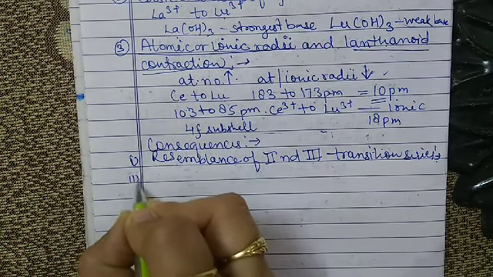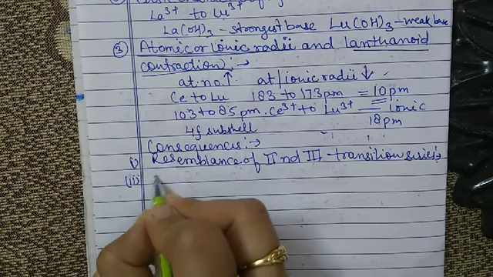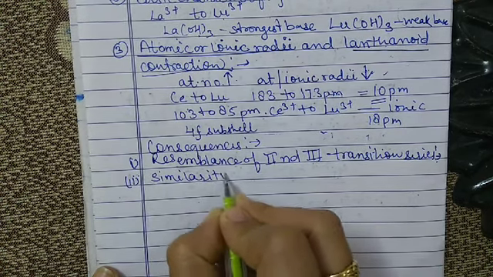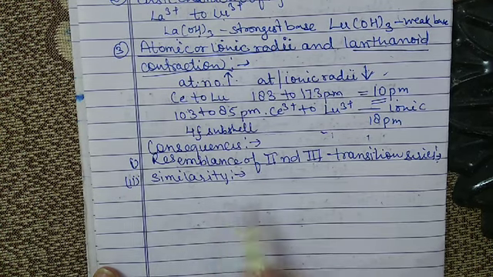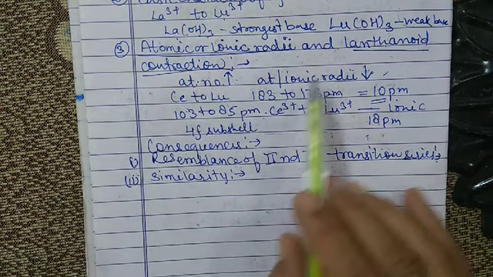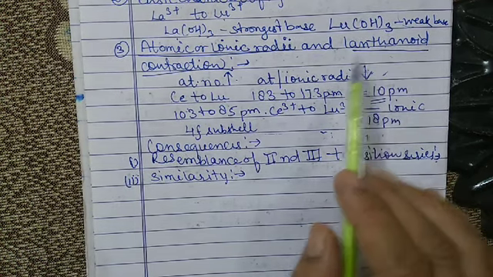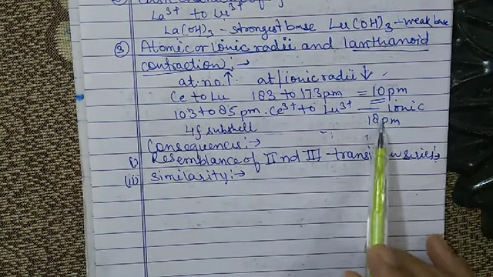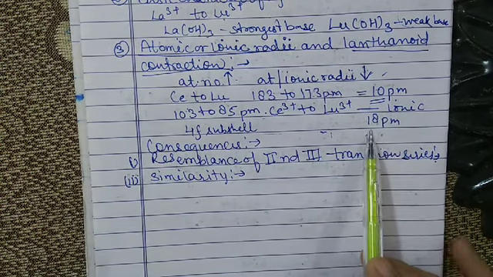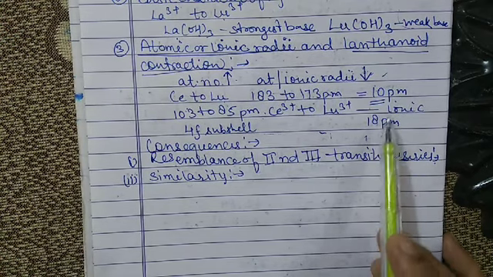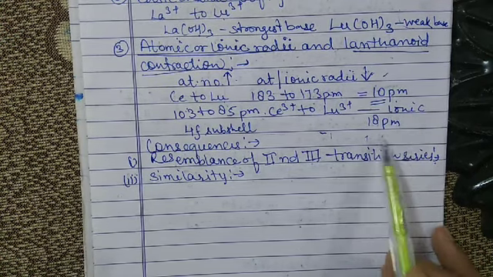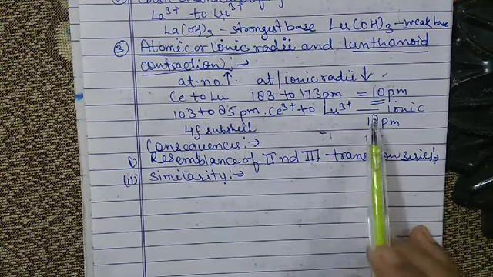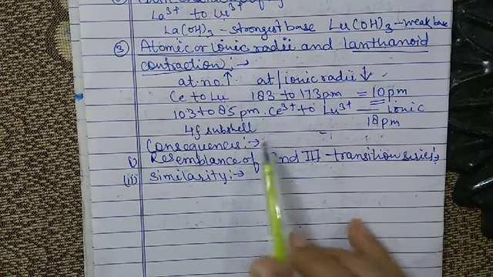Now the second consequence is similarity among lanthanoids. Because of a very small change in the radii, as we have already discussed, here 10 picometer and here 18 picometer, so this is a very small difference. Because of this very small change in the radii of the lanthanoids, their chemical properties are quite similar.